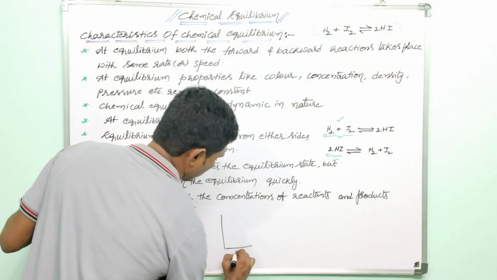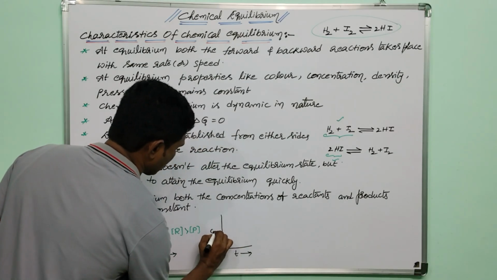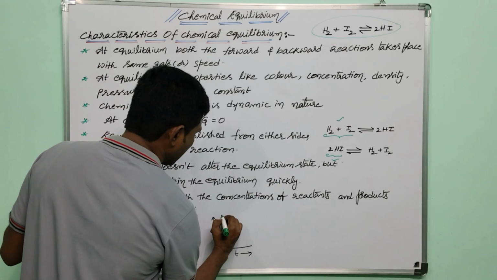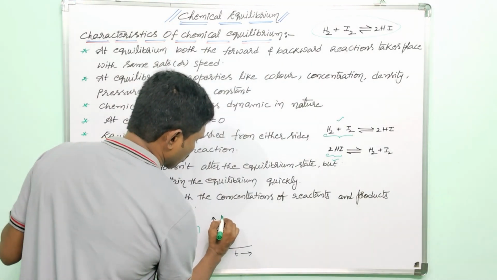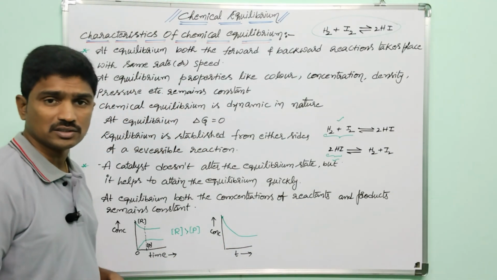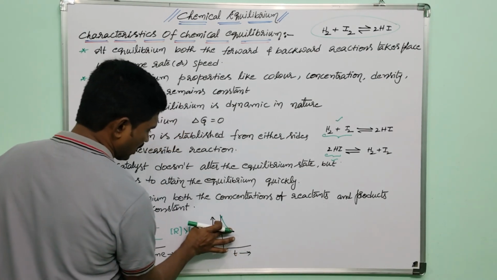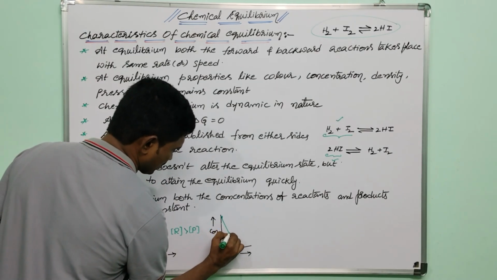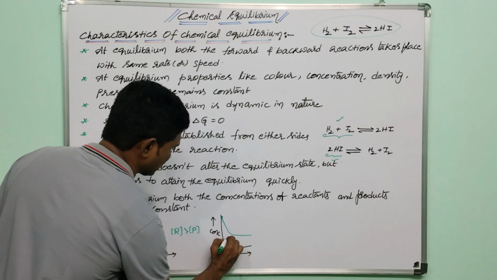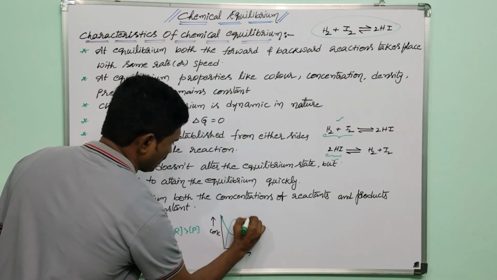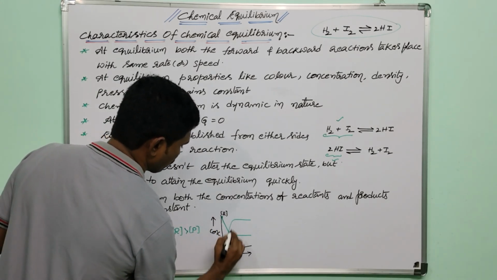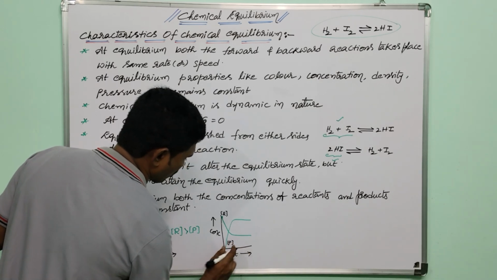Suppose we take time along the x direction and concentration along the y direction. Initially the reactant concentration is high. As the time progresses, their concentration decreases and after some time remains constant. Similarly, as the time progresses, the product concentration increases and remains constant. So this is the concentration of reactants, and this indicates the concentration of products.